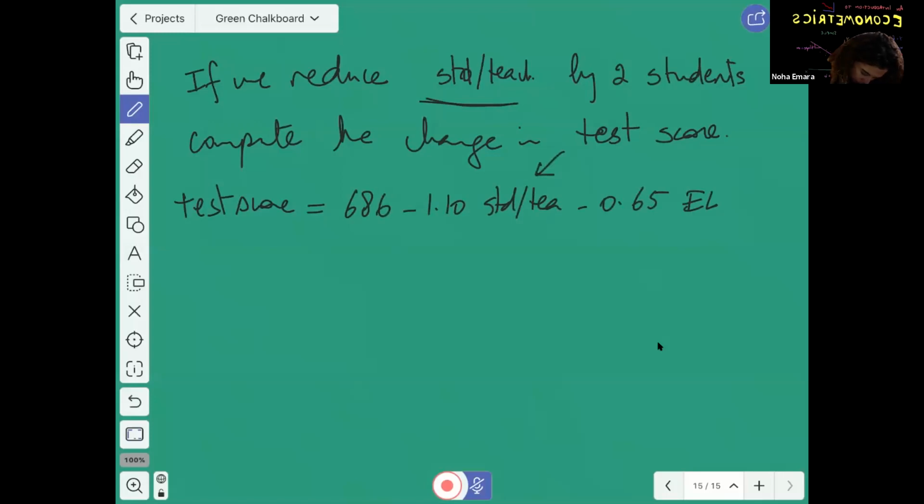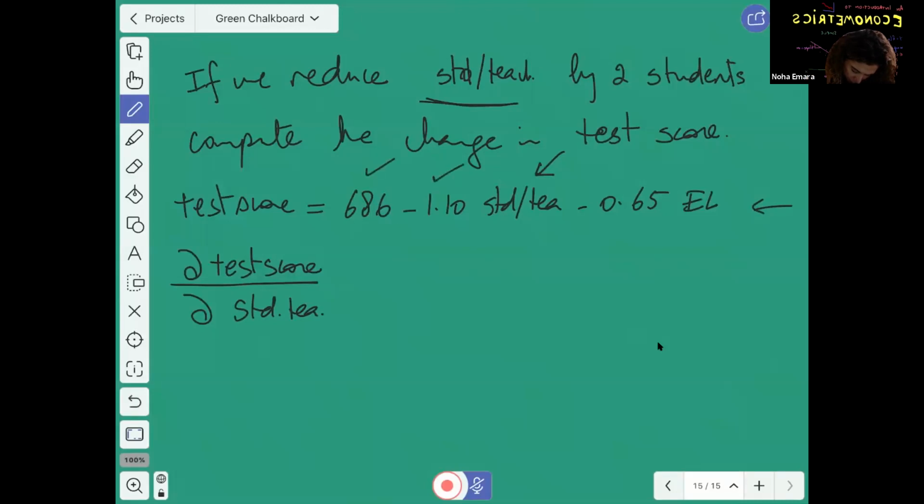So it's like asking you, what is the change in test score? It's like getting the first derivative because of the change in student per teacher, right? So I know that if I do the first derivative of this equation, this is a constant, so it's not there.